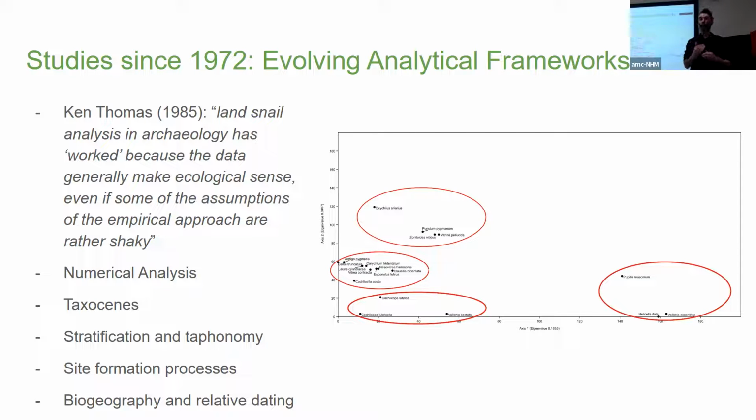Again, Ken made the point that land snail analysis works because the data make ecological sense. So if we've got lags in response rates, where it takes several decades perhaps for an ecological change to show up in a living snail population, perhaps that goes some way towards smoothing the problem in the data of the time averaging.